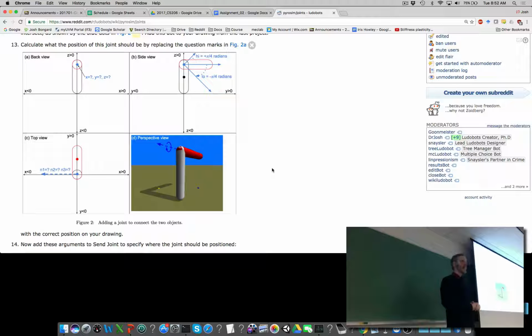And that's going to matter later because we're going to start to add motors to our joint, which is going to move the joint. And we're going to look at the angles that result as the two objects move relative to one another. If we all use -1, 0, 0, that means when the robot flexes or the two objects pull inward towards each other, that angle is going to be reported by PyroSim as a positive angle.